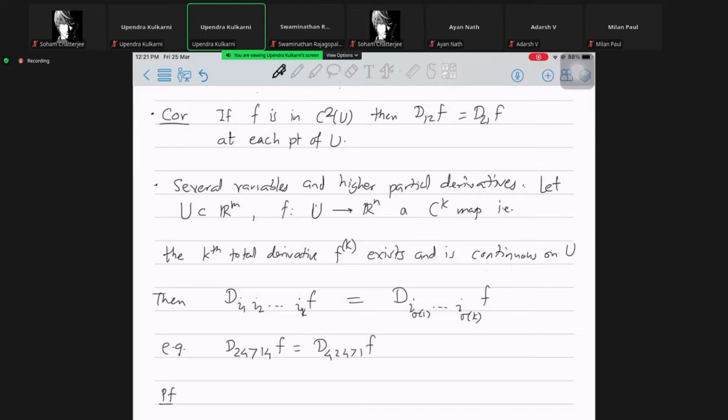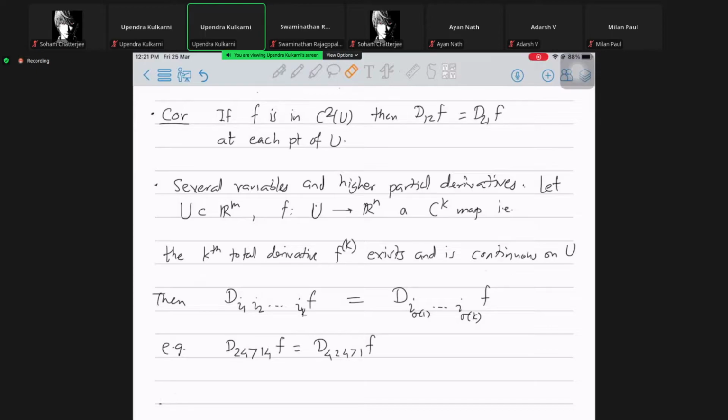So proof, let me just mix. I'm sorry, I just want to clarify something. Does this in effect mean that we're taking Ck to mean that, let's say, the components of the ith derivatives are all Ck minus i, for all i? Just think about this. Okay, so let's just remark on this.